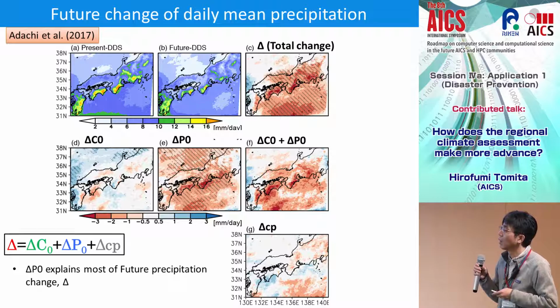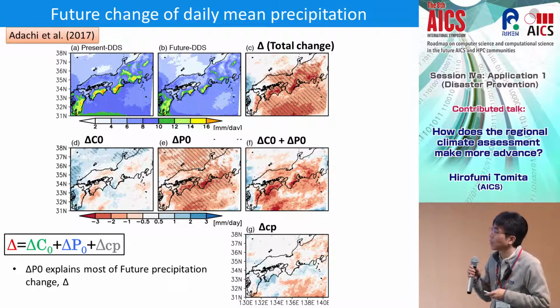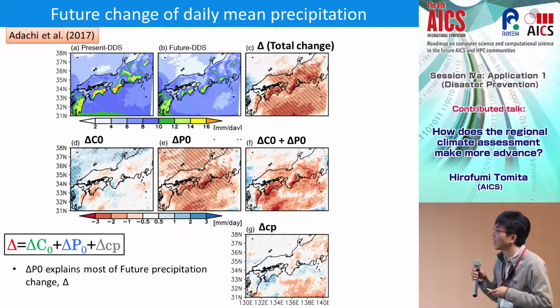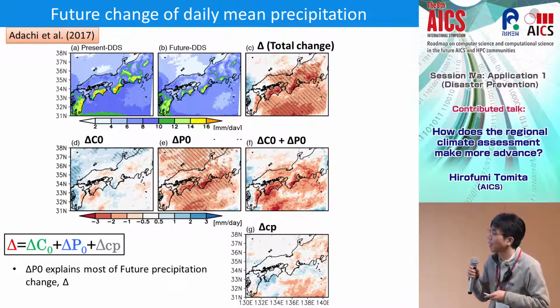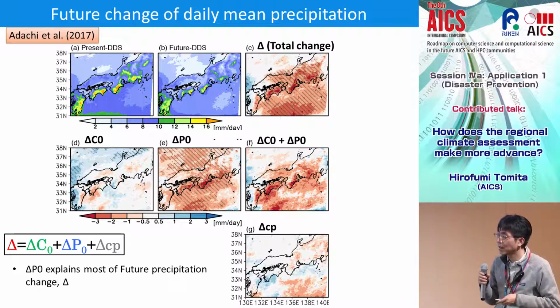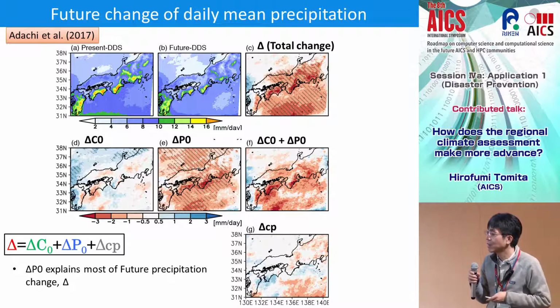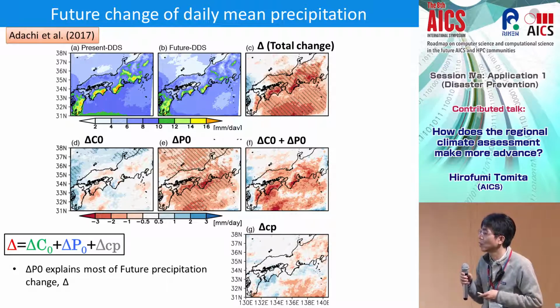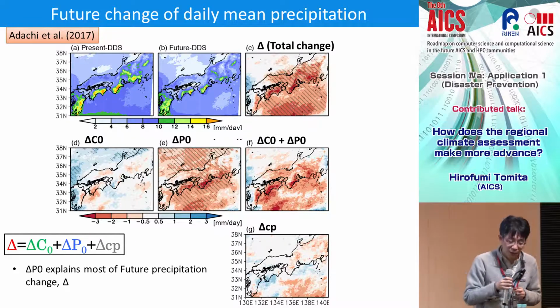And delta P can also be obtained. So as I mentioned, delta C and delta P are the expected climate change. And in this case, we can see that perturbation change explains most of the future precipitation change.